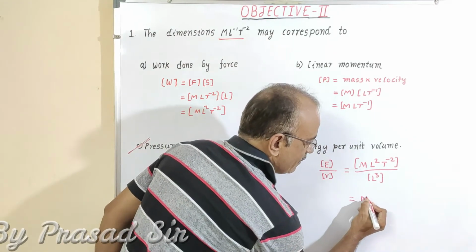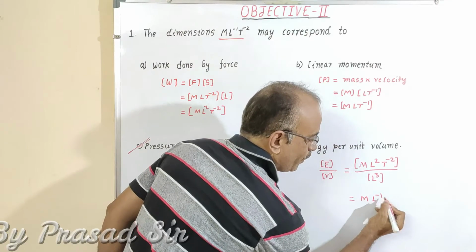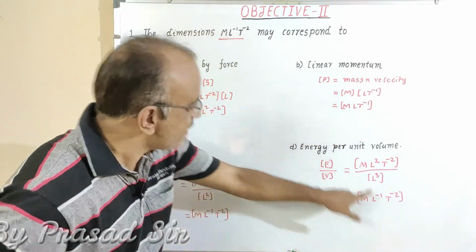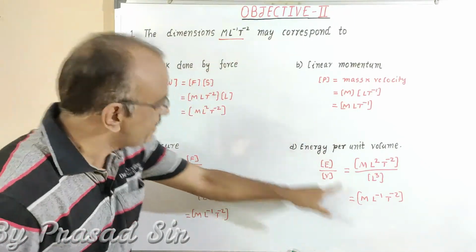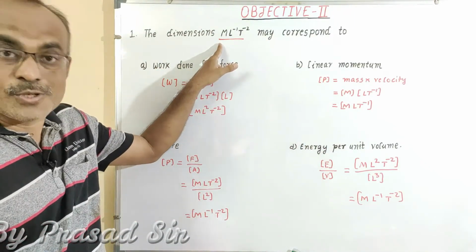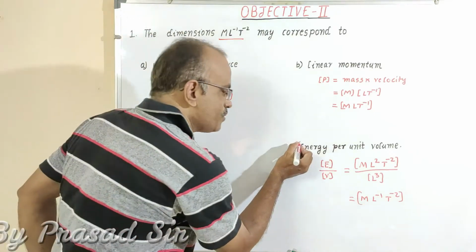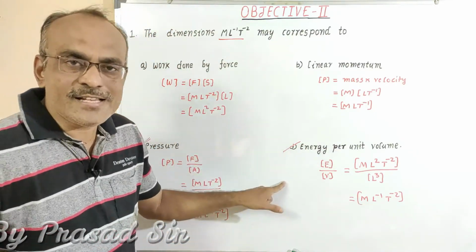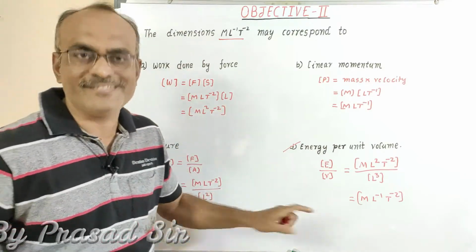So now the final is M L to the power of -1 T to the power of -2. Now check these two. Yes, it is also equal. So that's why option D is also equal. That means C and D are the answers for this question.